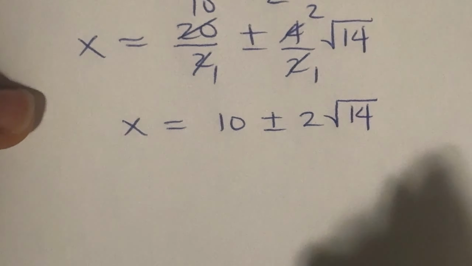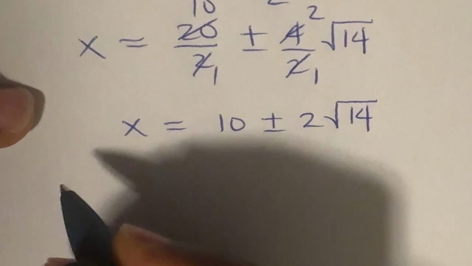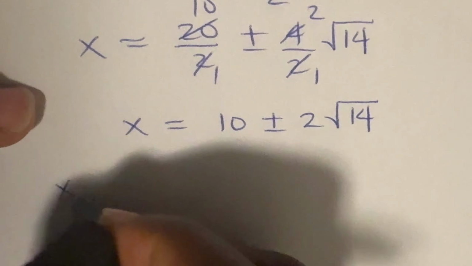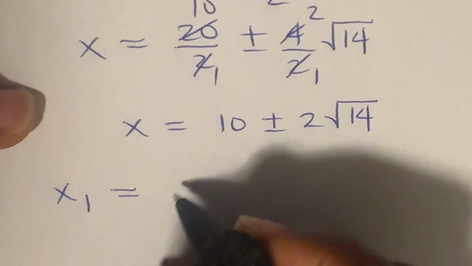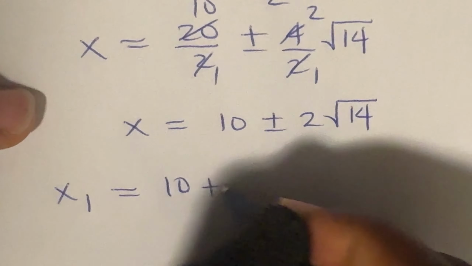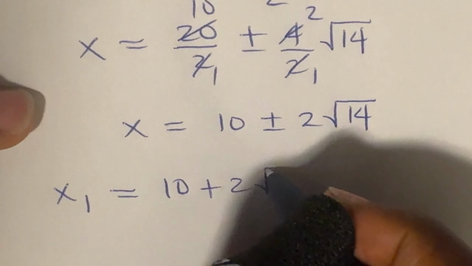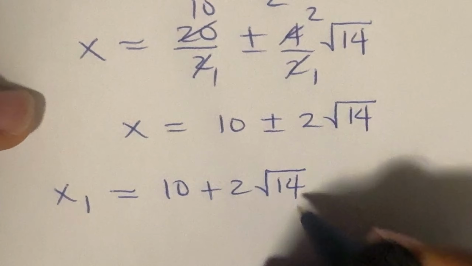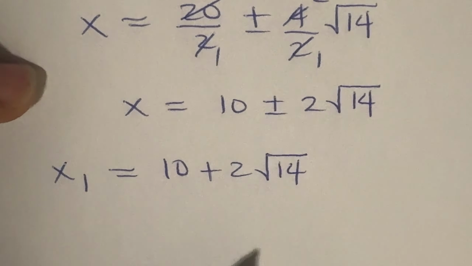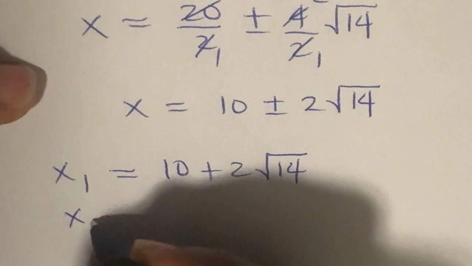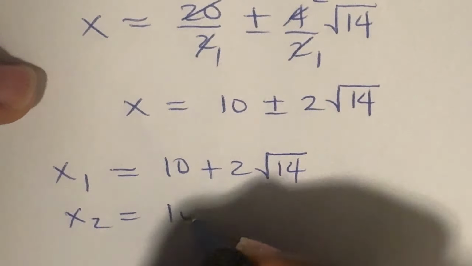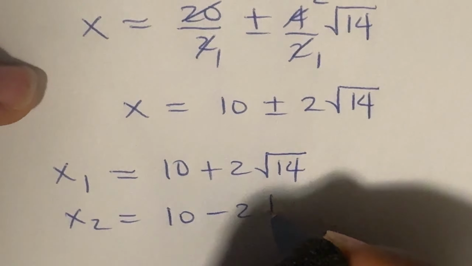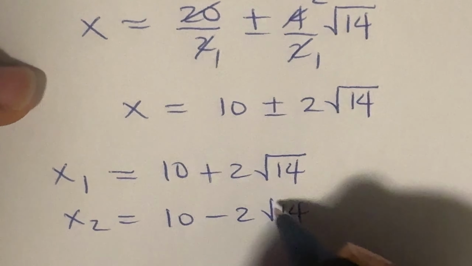If we separate this into two individual values of x, we get x1 equal to 10 plus 2 root 14, and x2 equal to 10 minus 2 root 14.